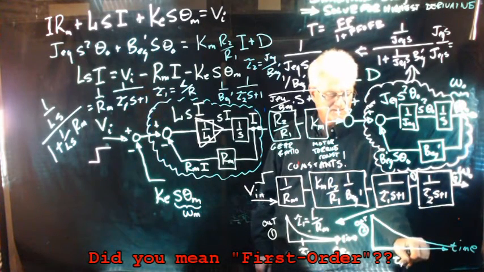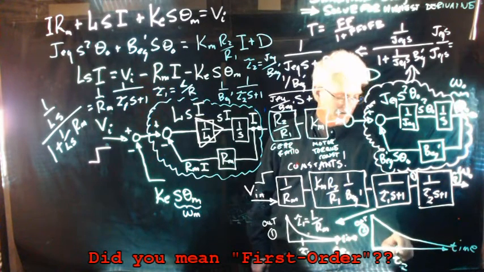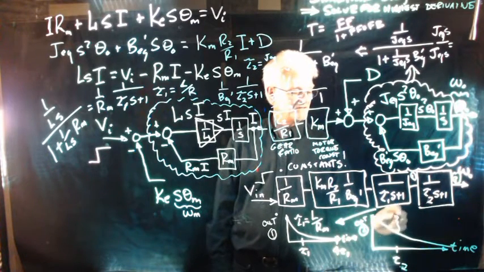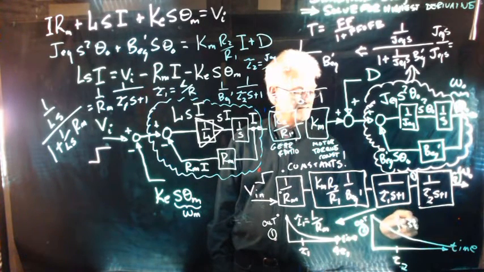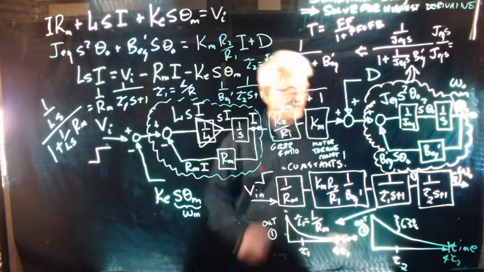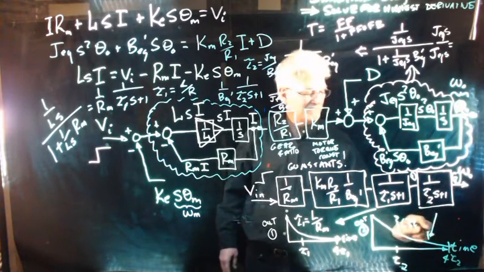Remember, this time constant tau 2 is like 63%, right? And this is 4 tau 2. That's the settling time. So I can look at both of these things individually, right?